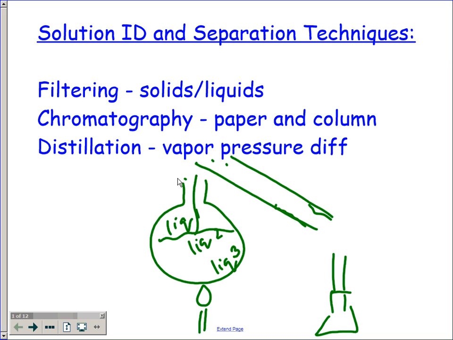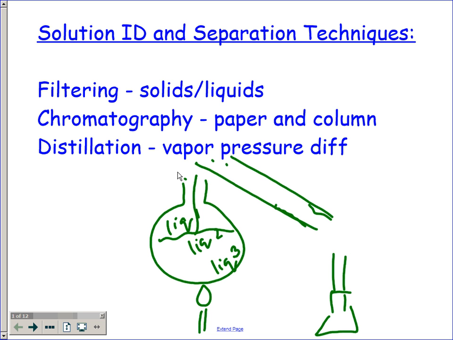Can you guys name any other physical means of separation? This is gravity filtration right here. Can I get one? Decanting is one. Decanting is where you take the liquid-solid combo, but instead of filtering through a filter, you use a glass stirring rod and you tilt it, and so the liquid runs off, the solid stays behind.